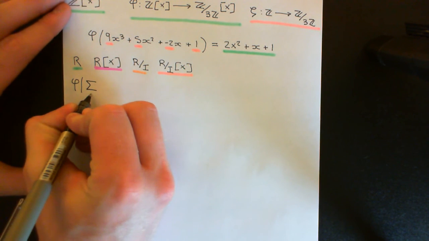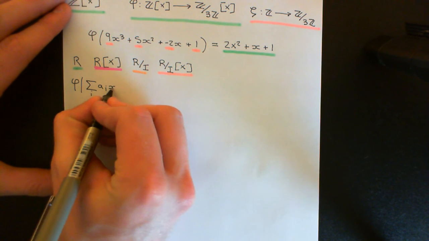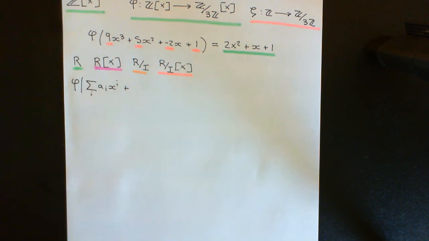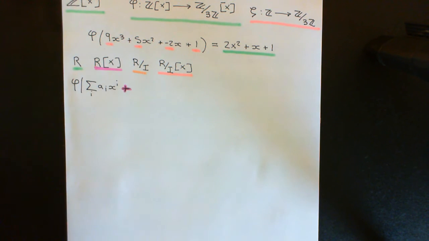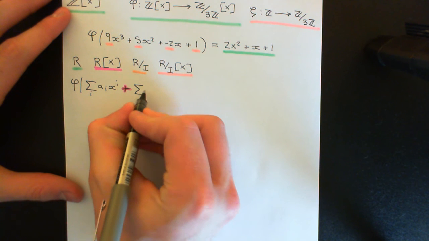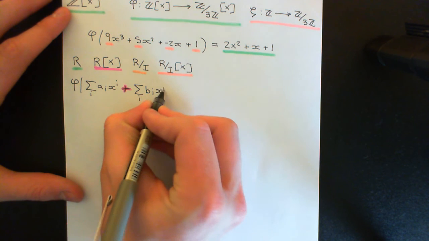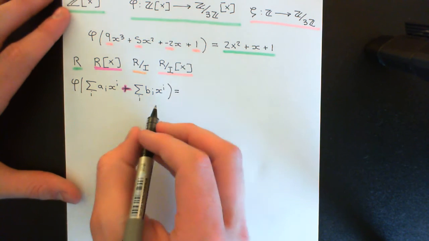Let's say we've got a polynomial a, which is the sum over i of a_i x^i, and we are now adding it in the initial ring of polynomials. So this is addition in the initial ring of polynomials, so I'll colour it in purple there, and we're adding it to another polynomial, which will be the polynomial b, the sum over i of b_i x^i, and I want to prove that this gives me the same answer.